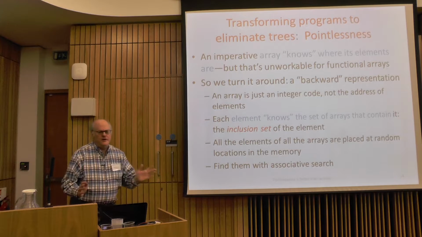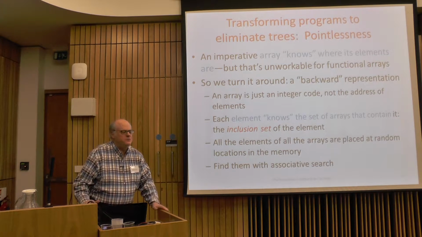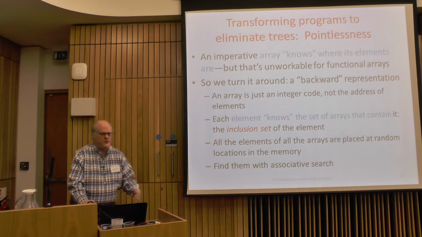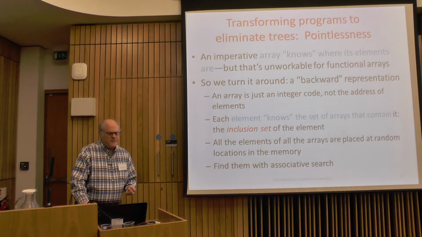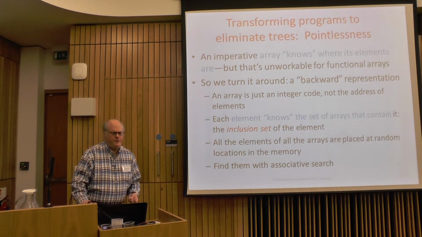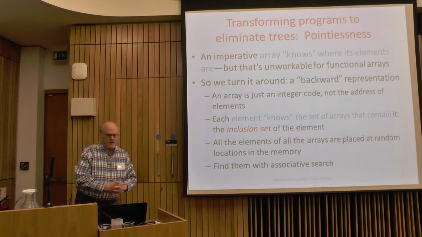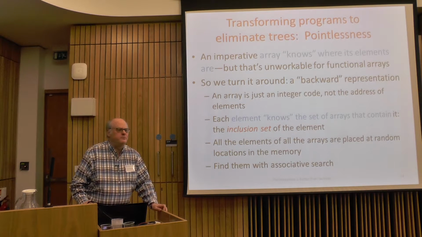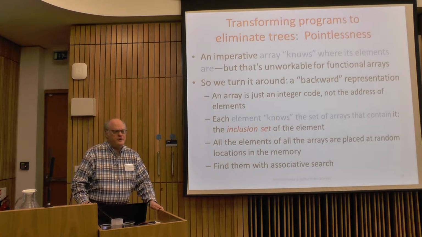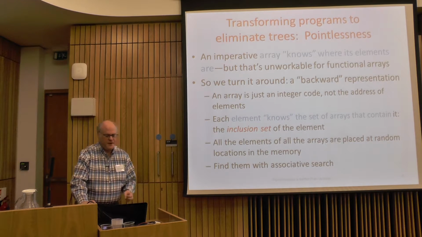Now, I'm not going to give the details of how the algorithm works, but I'd just like to describe a few of the highlights or the lowlights of how this works. The key idea here is kind of changing perspective, which I call pointlessness. This is not point-free, as you are familiar with, but more like pointer-free. We're not going to have tree data structures where there's an address or something like that that points at another object.